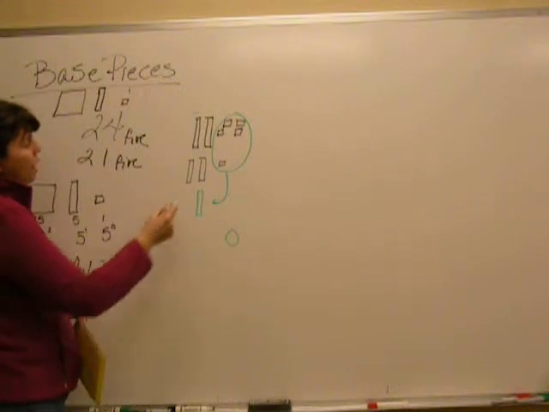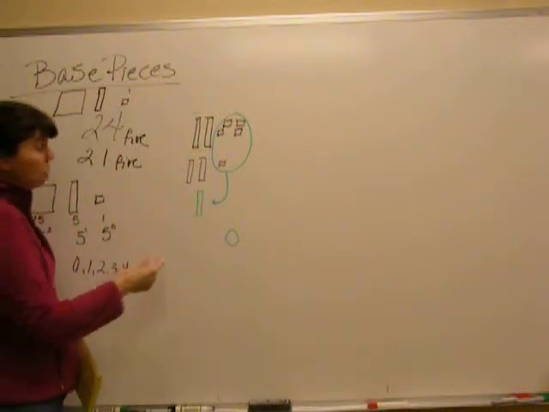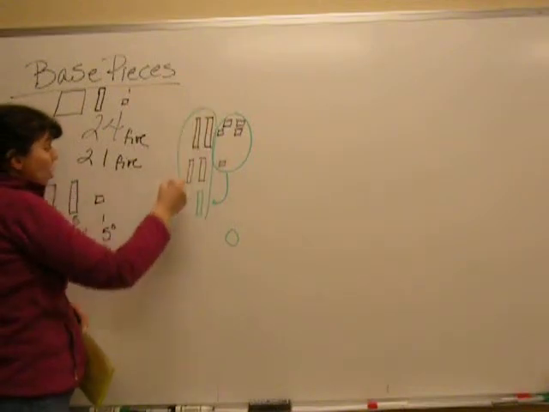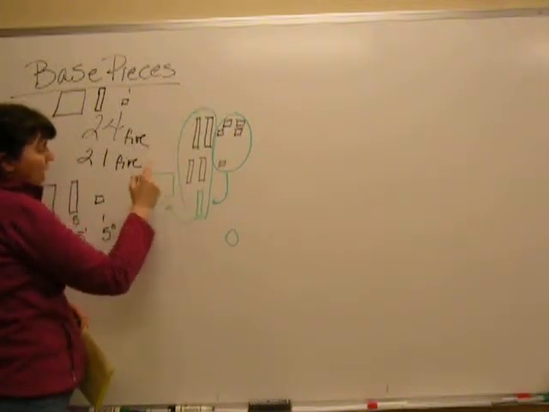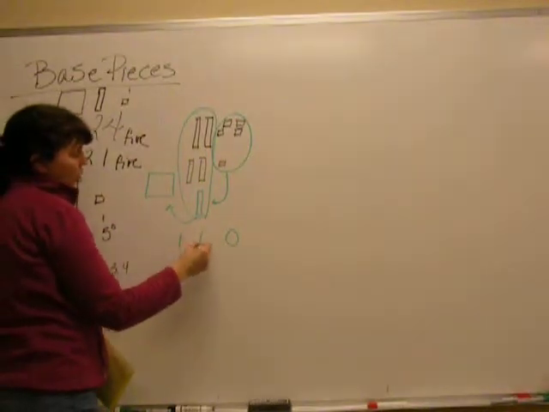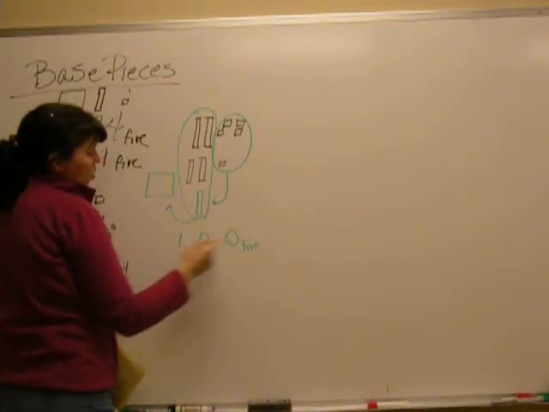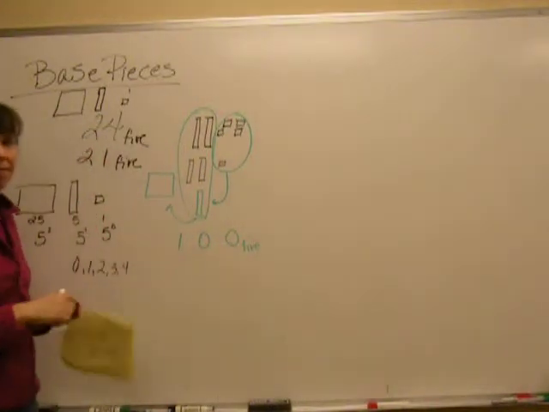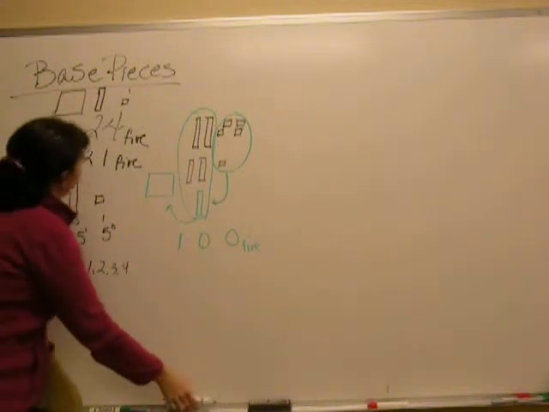Now I've got 1, 2, 3, 4, 5 longs, so all of those are going to regroup and move over, and they're going to become a flat. So my answer is actually 1 flat, no longs, no single units, base 5. So 1, 0, 0, base 5. Okay. Let's try another one.